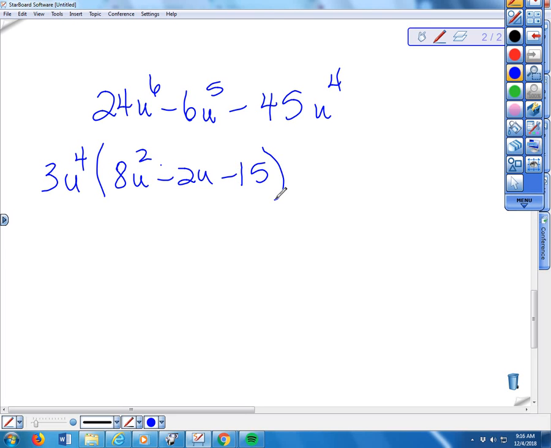So I'm looking for factors of 15 times 8, 15 times 2 is 30, 30 times 4 is 120. Factors of 120, one's positive, one's negative, that the difference of them equals 2. 12 and 10.